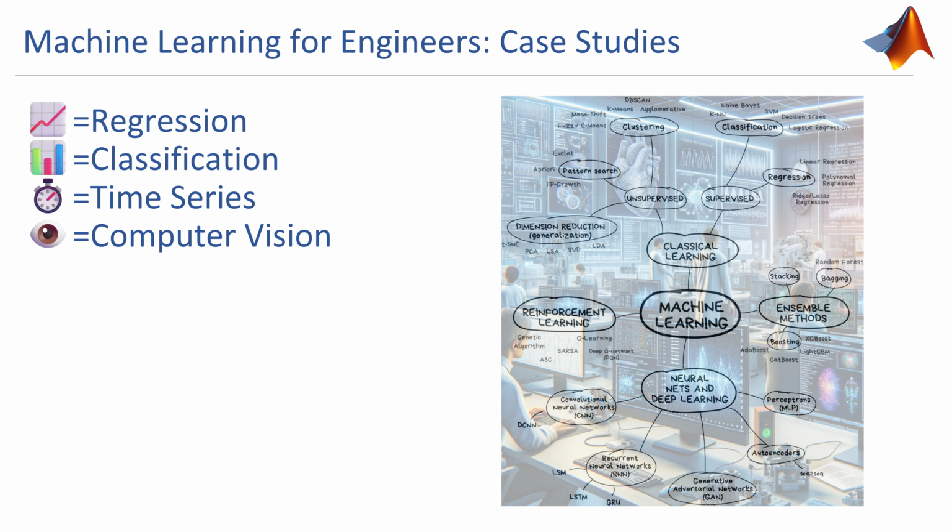You have computer vision with convolutional neural networks, and many others in here. And then you also have recurrent neural networks for some of the time series or natural language processing as well. So many different topics that you can explore in machine learning.